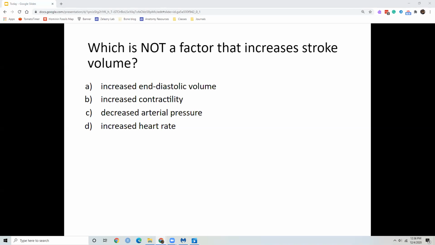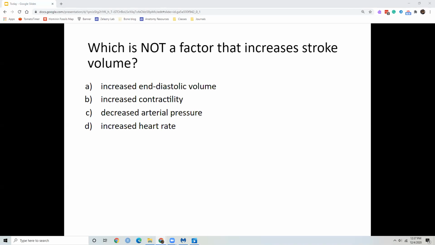So increased end diastolic volume would increase the stroke volume because there's more blood to squeeze out. Similarly, increased contractility. If you contract the heart more, you can send out more blood. We saw that at rest, we're only getting rid of like 54% of the blood in the heart. So our ejection fraction was only 54%. If we increase contractility, we could increase that number.